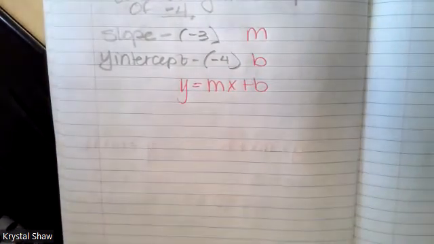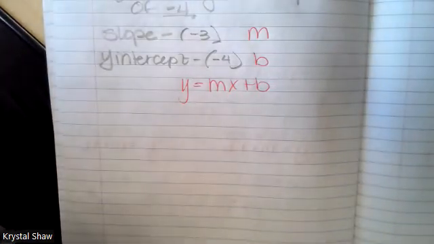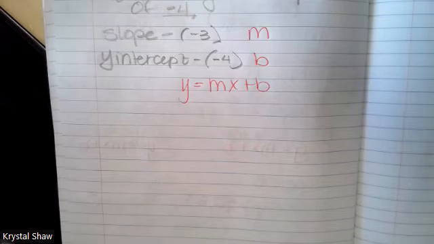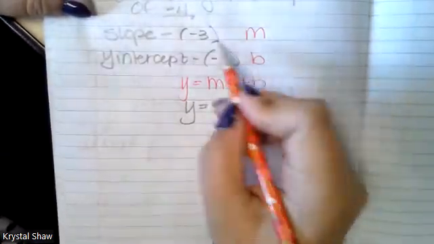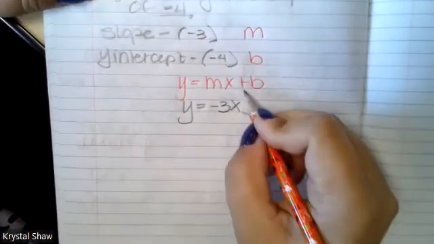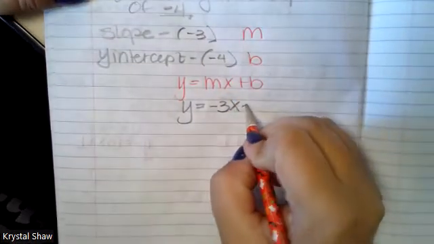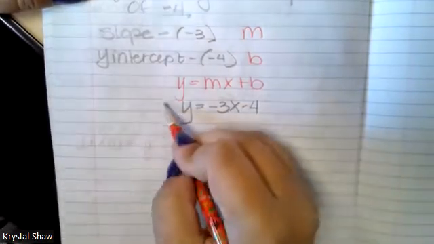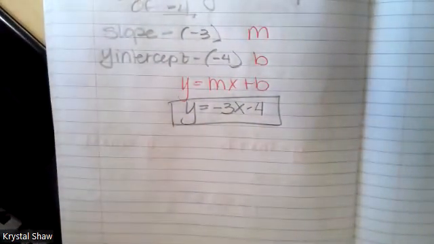Essentially, all I have to do here is substitute in for those two values, and I have my equation. So y stays. I'm going to substitute in -3 times x, and then this is plus b. This is a -4, so I'm just going to write -4. There you have it. I have written slope-intercept form. Pretty straightforward.